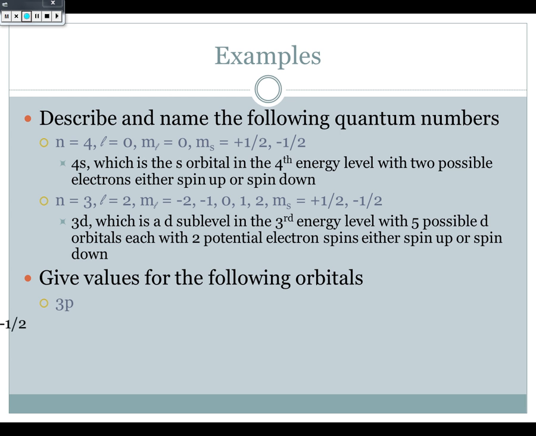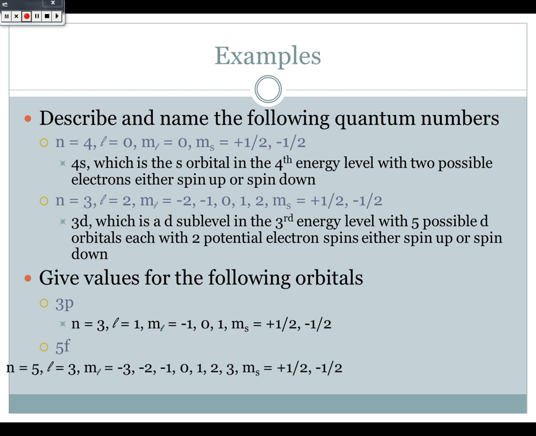A 3p is going to have an n of 3, an l of 1, and an m sub l ranging from negative 1, 0, and 1, and 2 m sub s values, plus a half and negative a half. Or a 5f, n is equal to 5, l is equal to 3, m sub l could be negative 3, negative 2, negative 1, 0, 1, 2, or 3, and then m sub s of plus a half and minus a half.